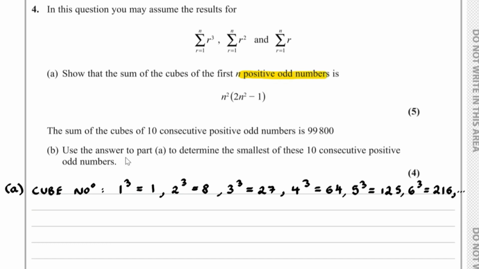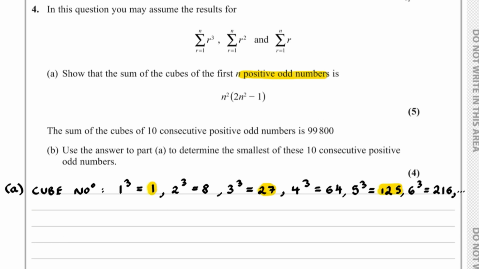So what are the positive odd numbers? Well, we've got 1, and then we have the 27, then we've got the 125, and then we could continue. So what sum do we need to work out exactly?